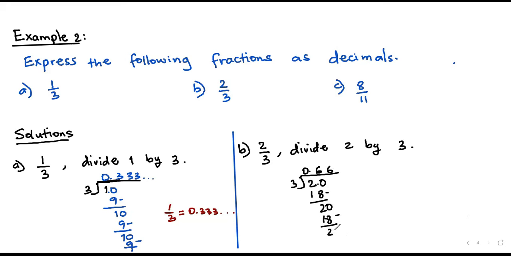Let's check what we get. 20, 6, 18, minus, 2. Yes, 6 is repeating. You see that? So this actually means that 2 out of 3 is the same as 0.666 repeating. Do you understand that?